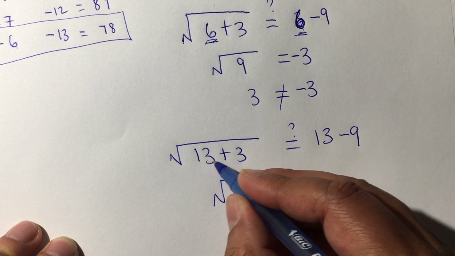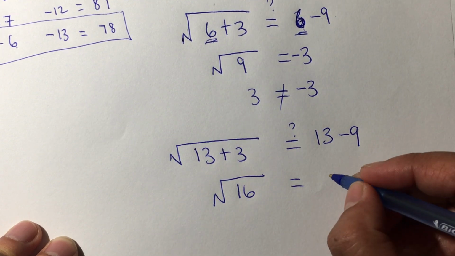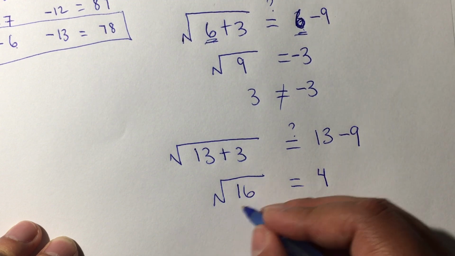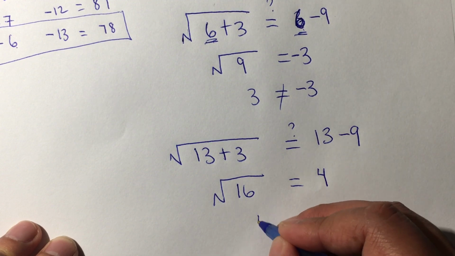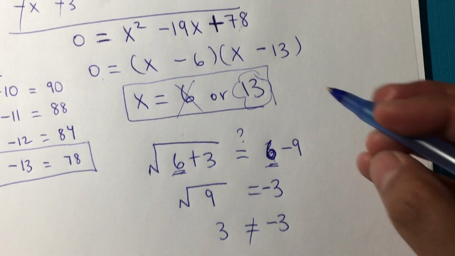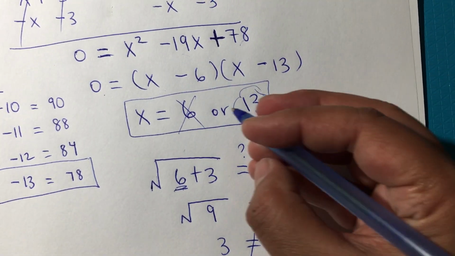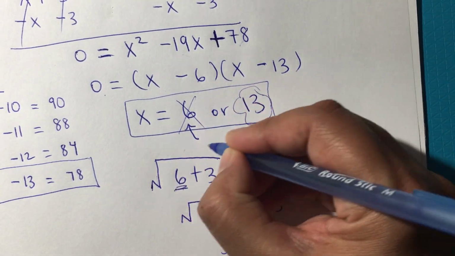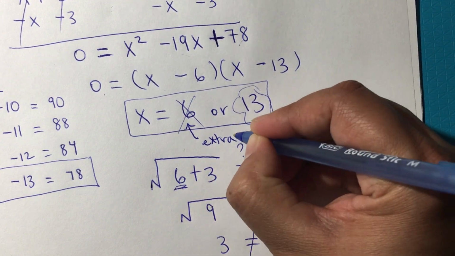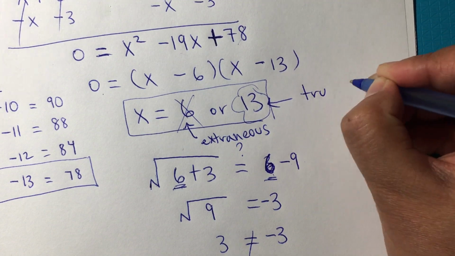In here we get 13 plus 3 is 16. 13 minus 9 is 4. The square root of 16 is 4. So we say check. So 13 is a true solution, but 6 is an extraneous solution. And 13 is a true solution.